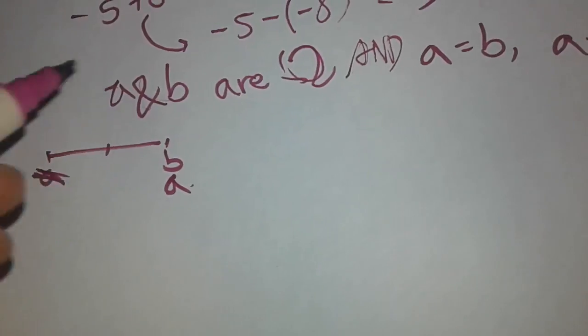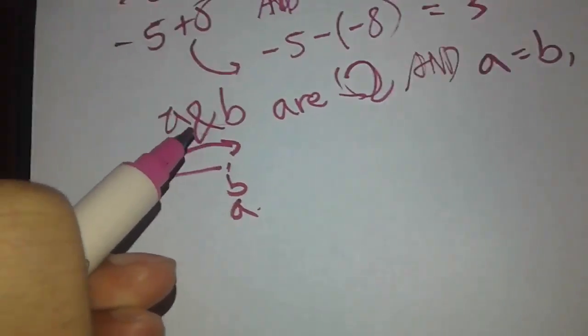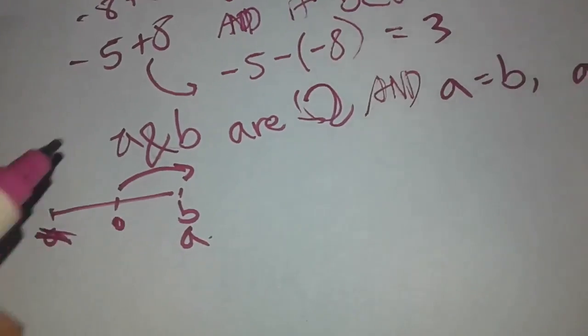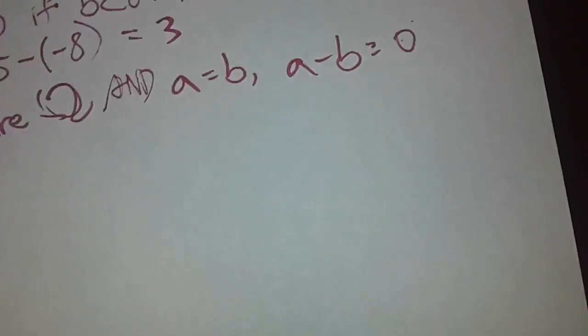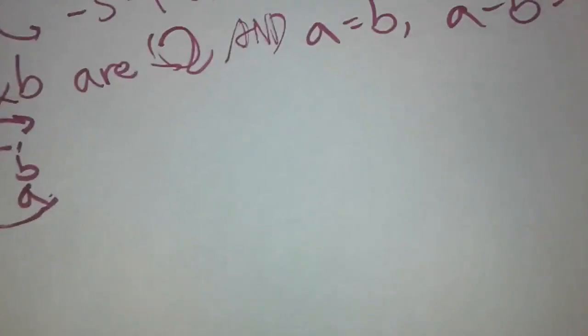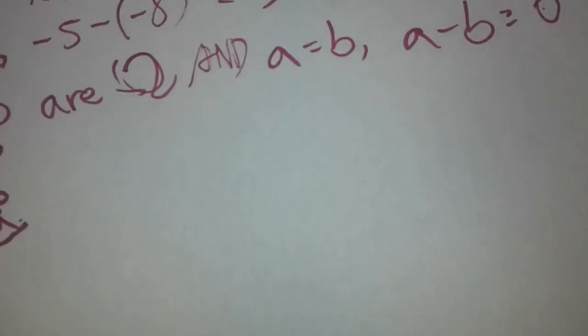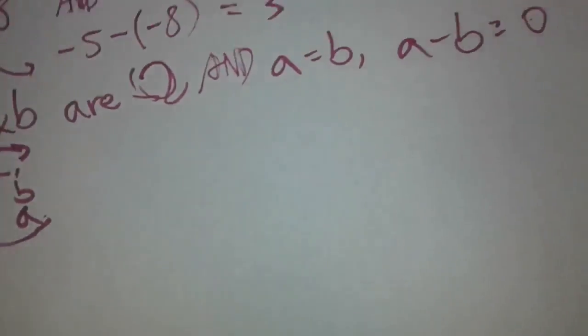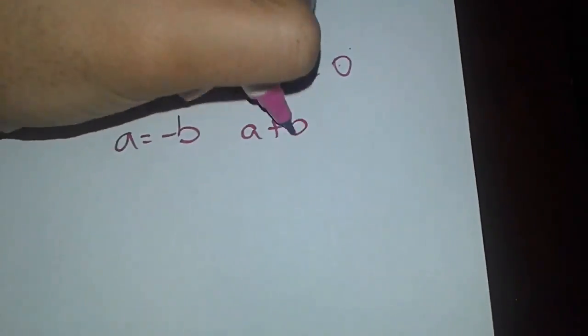If A equals B, so they're in the same area, you have A here, and if you're going to subtract, you're going to go to the left of 0. You're going to go back to 0, the same amount from 0 to A, where a negative operand would be an additive inverse to A, so A is equal to negative B. Then A plus B equals 0.